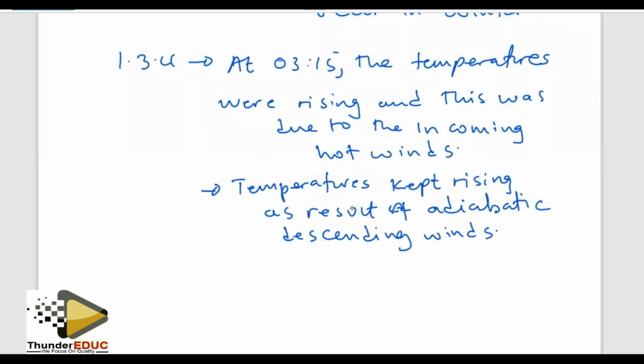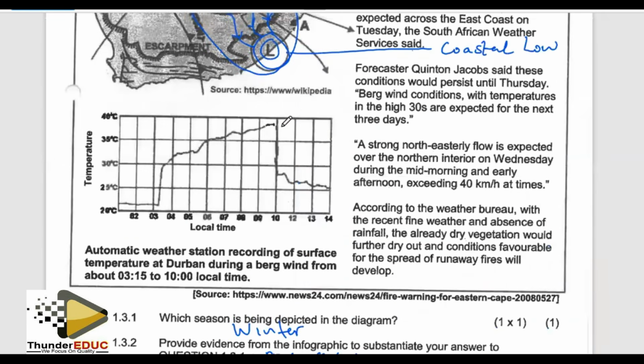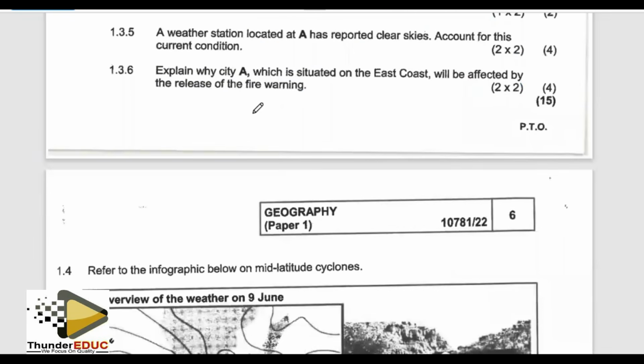Then somewhere we see the temperatures dropping. You can see that from 10 to 14, there was a sharp decrease in the temperatures.